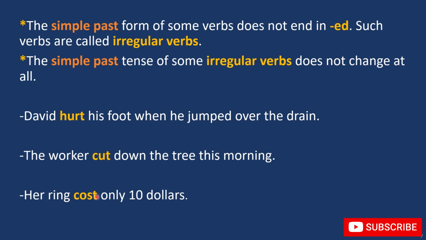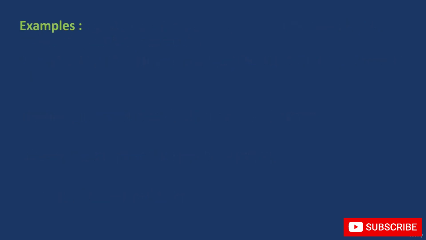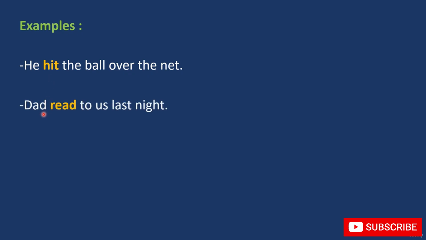Her ring cost only $10. This is a past verb, again an irregular verb. Let's have some more examples. He hit the ball over the net, past form. Dad read to us last night.